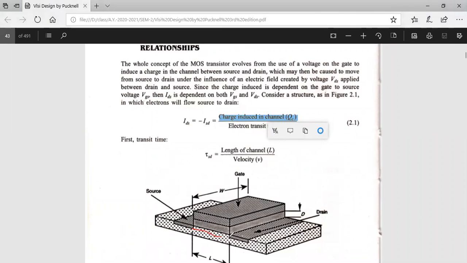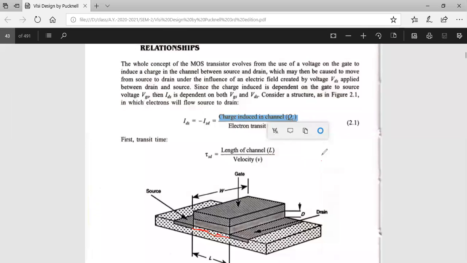Here we are not showing it initially, but once the channel is formed here, the value of IDS is going to depend like this. IDS is going to depend on the charge induced in a channel, QC. In this particular area, what is the amount of charge present?